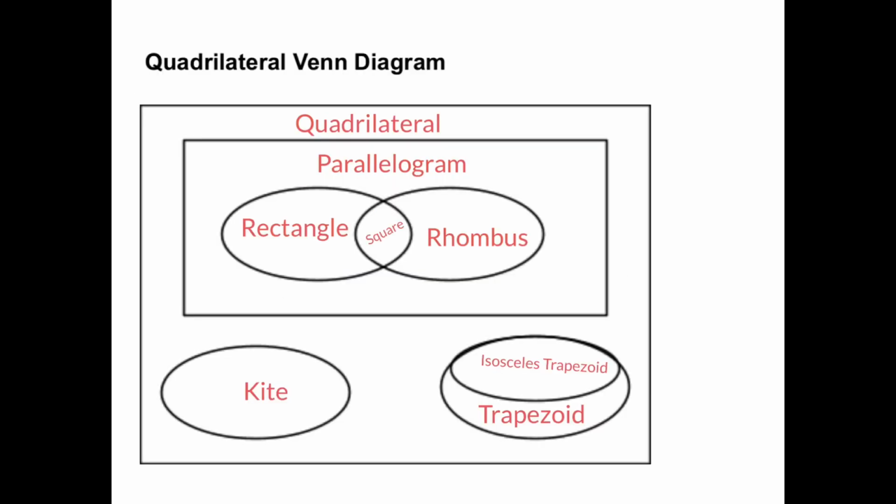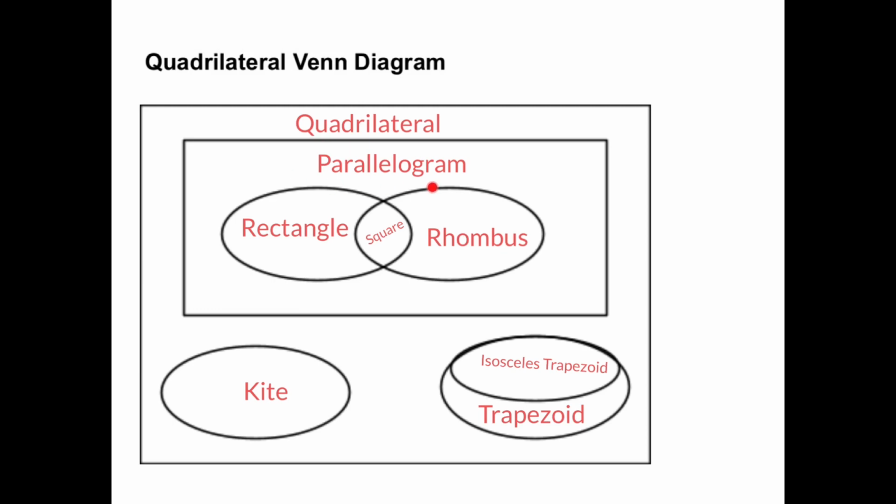So this quadrilateral Venn diagram is just a nice way to visualize how all of these shapes are in relation to each other. Our very large box is the quadrilateral box because all of these shapes qualify as quadrilaterals. They have 4 sides and 4 vertices. Then we spent several lessons on the properties of parallelograms.